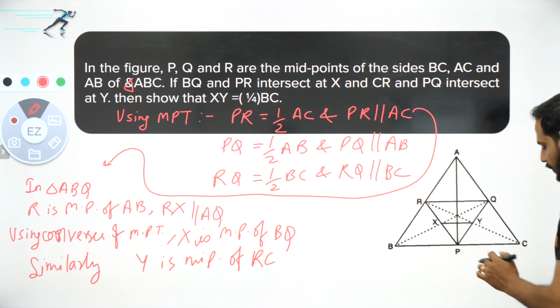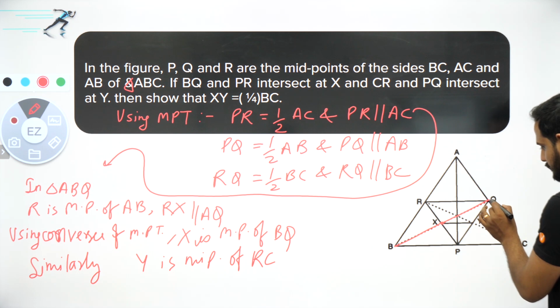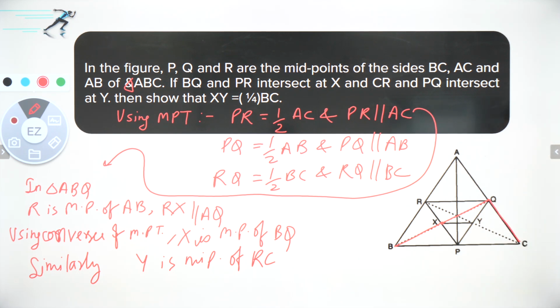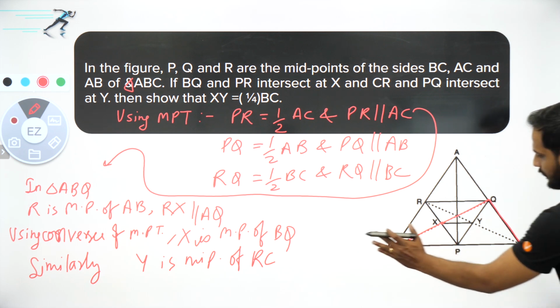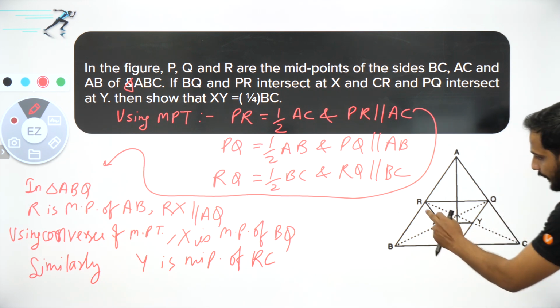In a way, we have got somewhere. Now let us prove one more thing. I need to prove that X is the midpoint of PR. I need to focus on how X is the midpoint of this PR. How can I say that? Take these two triangles.